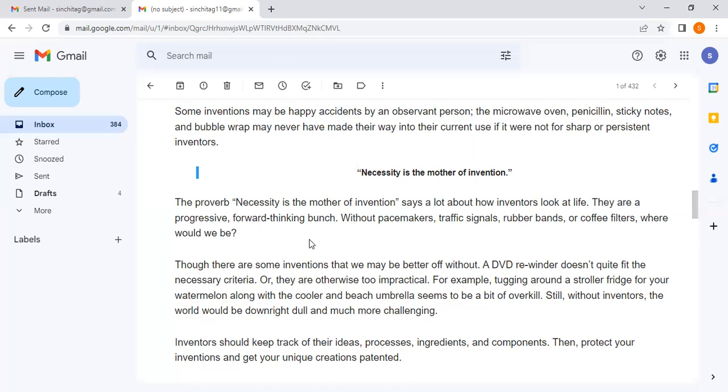Any other word of which you don't know the meaning, beta? Saranya, you can see the picture. I have sent it in your WhatsApp. That is called a stroller fridge.